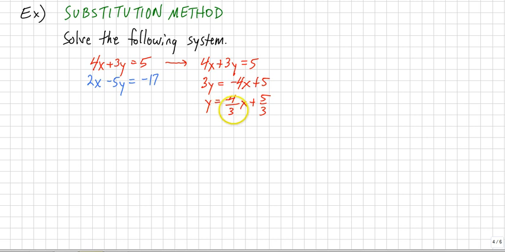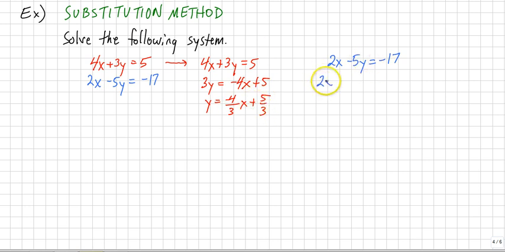Now that we have this solved for y, we're going to substitute it into the blue equation. My blue equation is 2x minus 5y equals negative 17. But according to the red equation, y is supposed to be negative 4/3 x plus 5/3. So I'm going to substitute that in for the y over here.